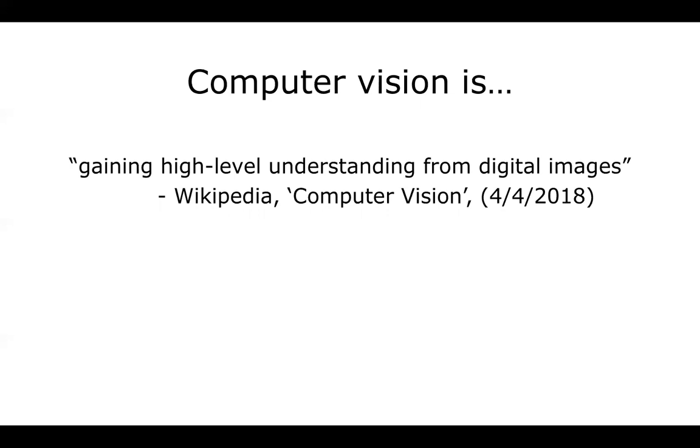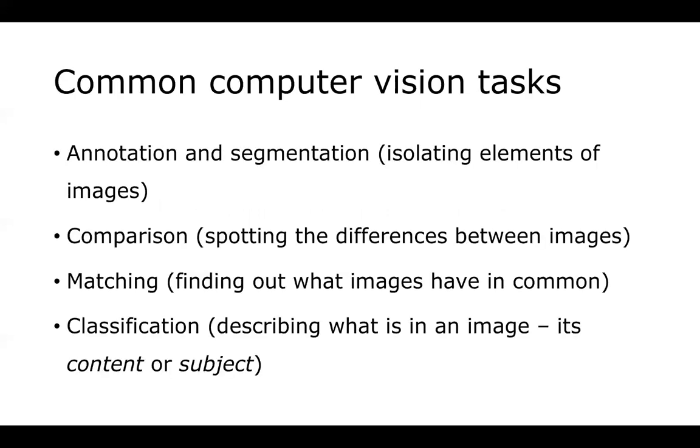It's perhaps easier to describe computer vision by example rather than precept. Common computer vision tasks include annotation and segmentation, isolating elements of images, elements that are meaningful for particular use cases or particular people or communities. Comparison, spotting, again, meaningful differences between images.